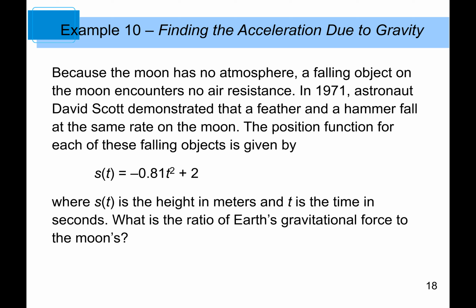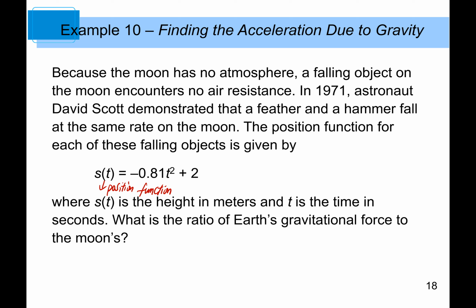The position function for each of these falling objects is given by s of t equals negative 0.81 t squared plus 2, where s of t is the height in meters and t is the time in seconds. And what is the ratio of the Earth's gravitational force to the moon's?